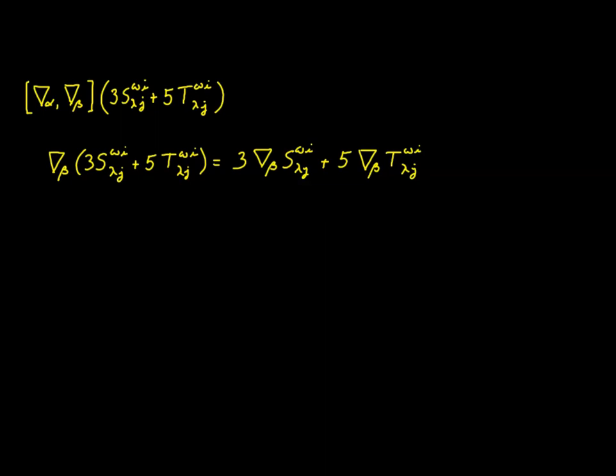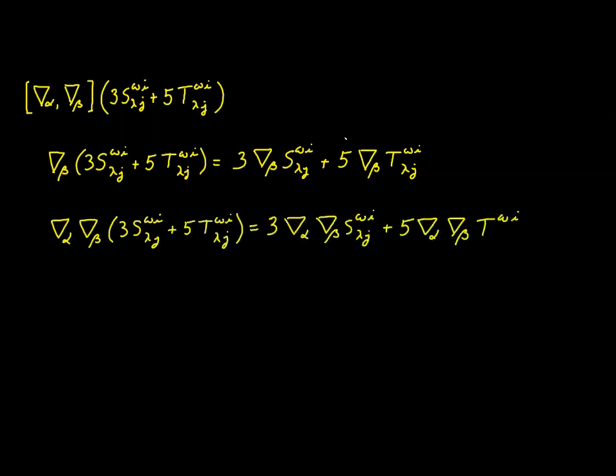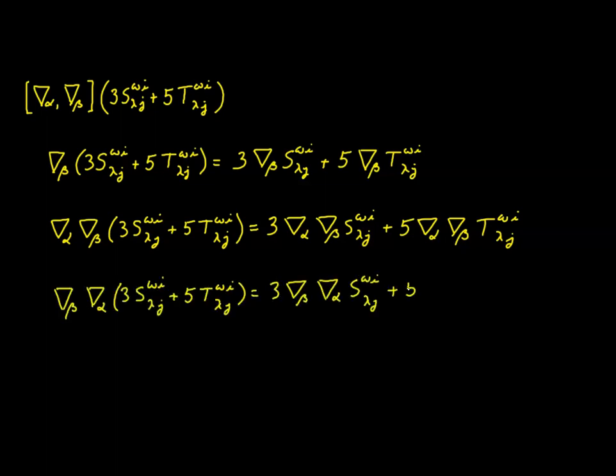Now we'll apply the covariant derivative with respect to alpha. Next, we copy this expression, switching alpha and beta. Finally, we're going to add this expression and subtract this expression.